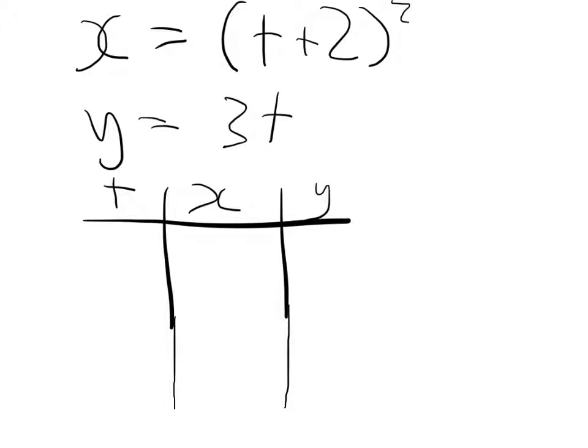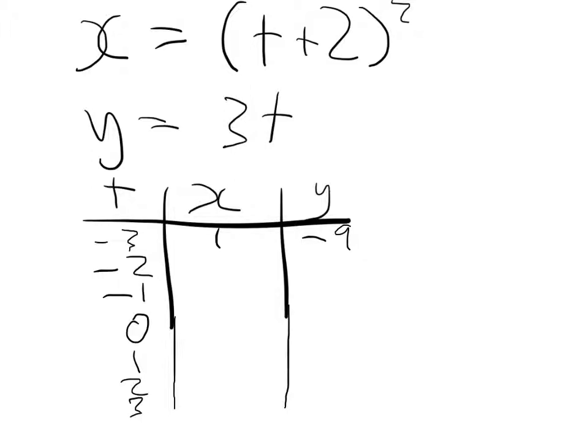So we start off with t at, say, -3, -2, -1, 0, 1, 2, 3. So when t is -3, that is our first entry. -3 plus 2 is going to be -1, squared is 1. So x is going to be 1, and our y is 3 times that, it's -9.